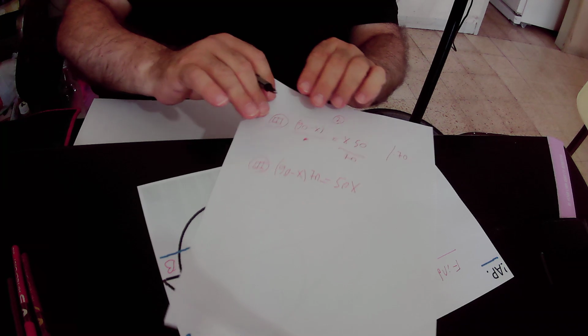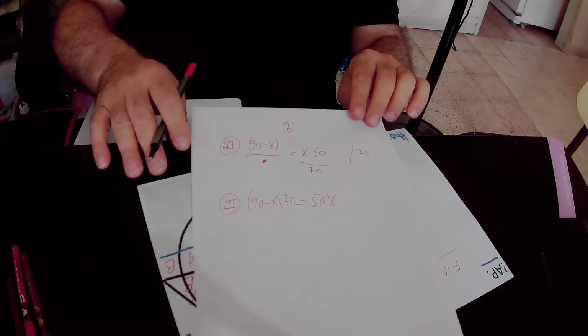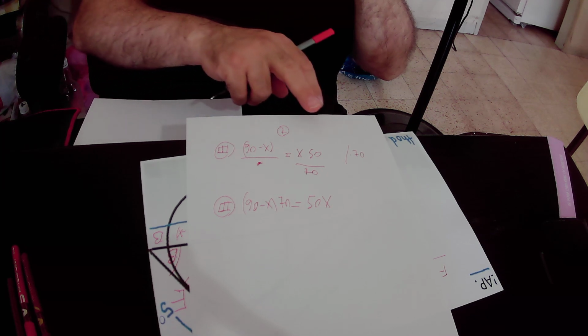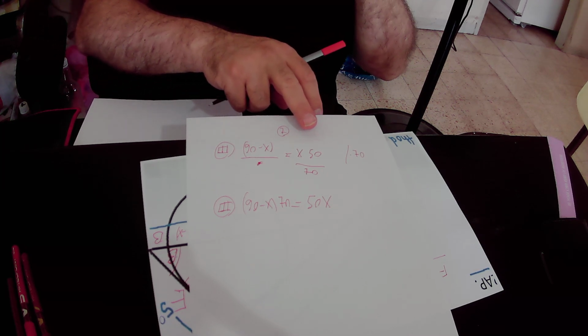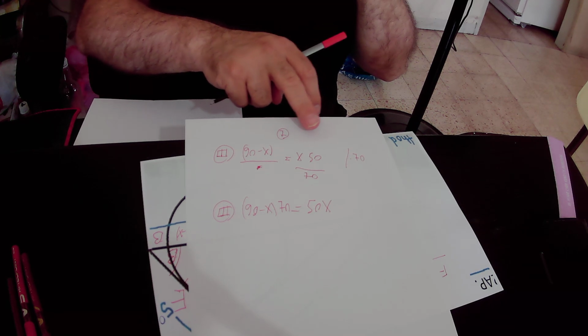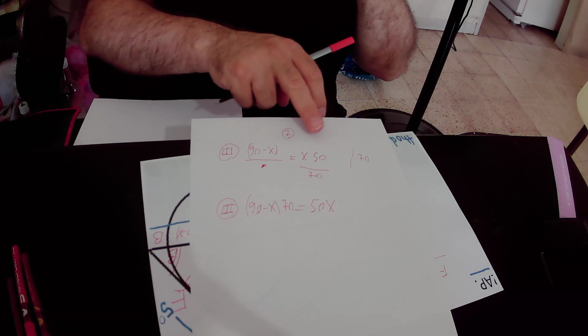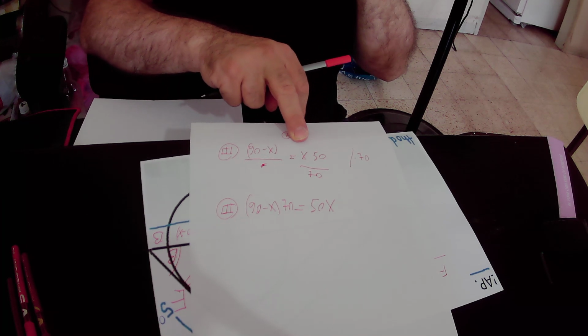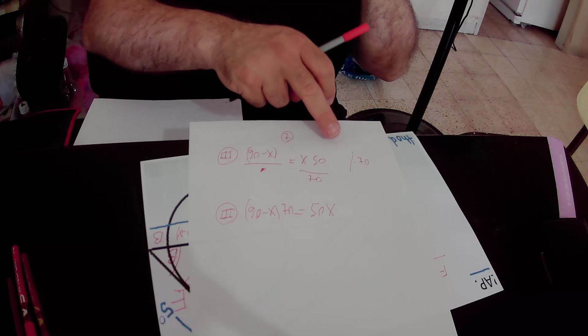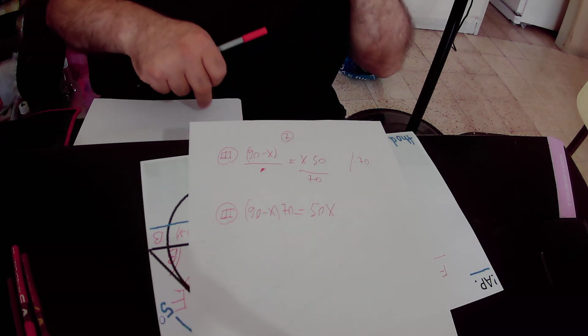Okay, here we multiply both sides of the equation by 70. So x times 50 over 70, or 50x divided by 70 times 70 equals 50x.